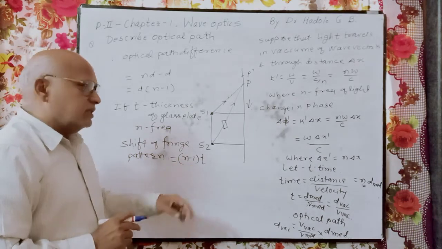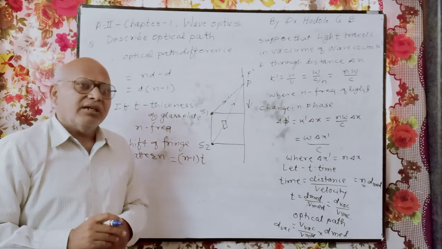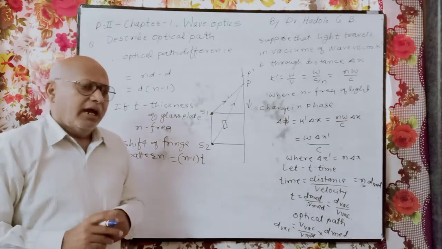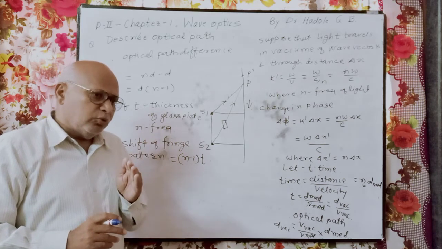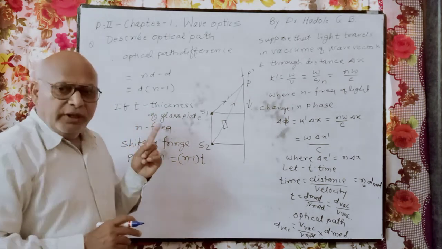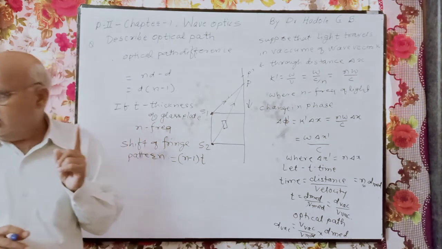This n minus 1 is also called the refractivity of glass plate, and because of that it is going to shift. Again see here, mind well, the fringe width remains same.